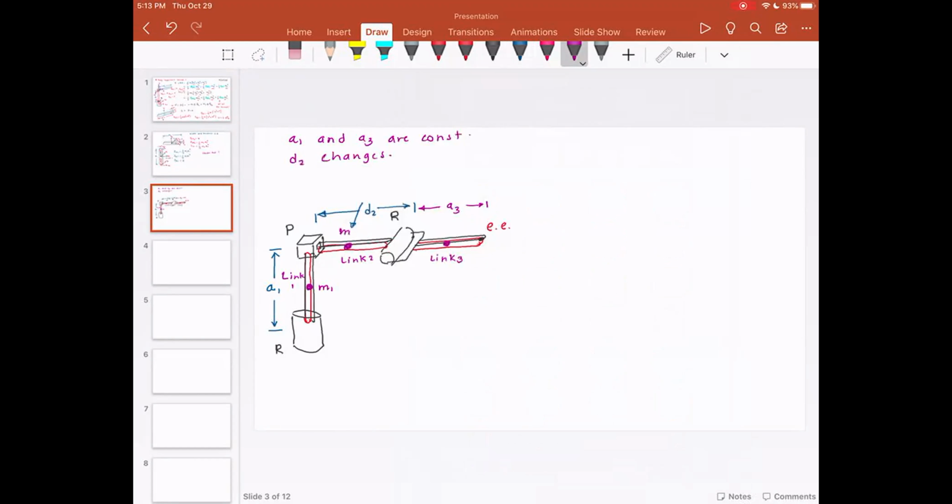Mass M2 is located at the centroid of link 2, and mass M3 is located at the centroid of link 3. Now what I want to tell you here is, we have worked out the forward kinematics for this problem. Forward kinematics is worked out in lecture 6.